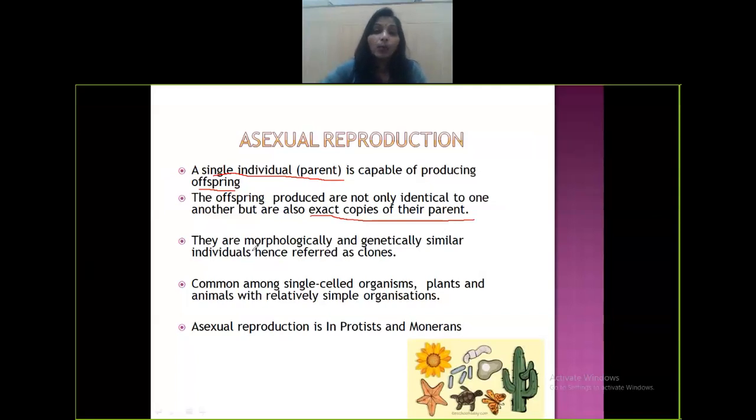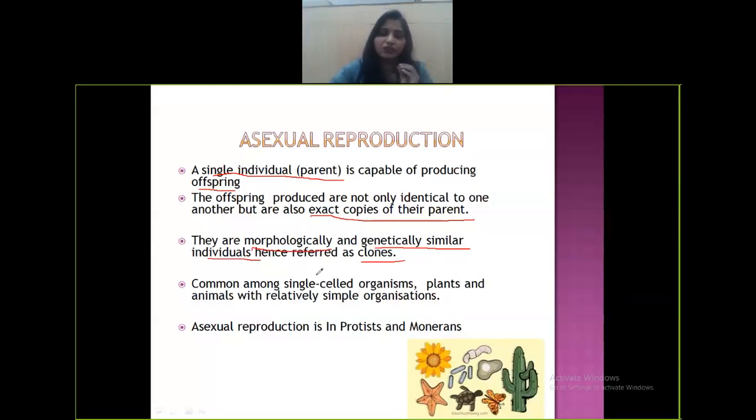They are morphologically and genetically similar individuals. Morphologically means external appearance, even genetically. Hence, organisms produced through asexual reproduction are referred to as clones.